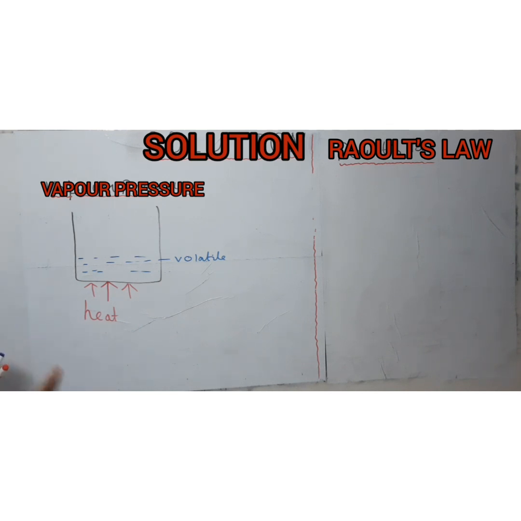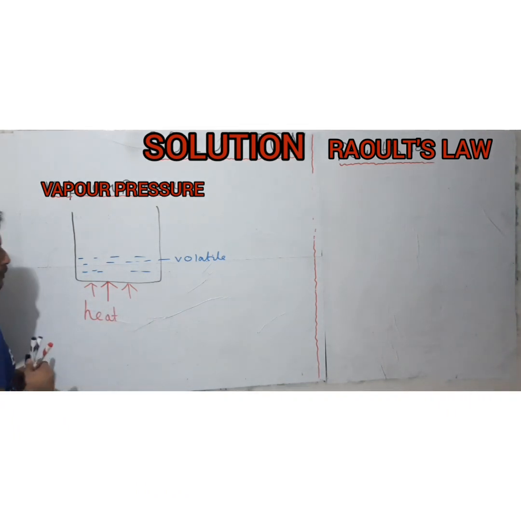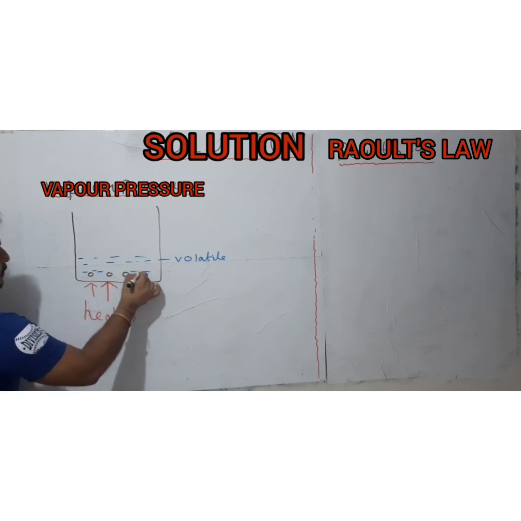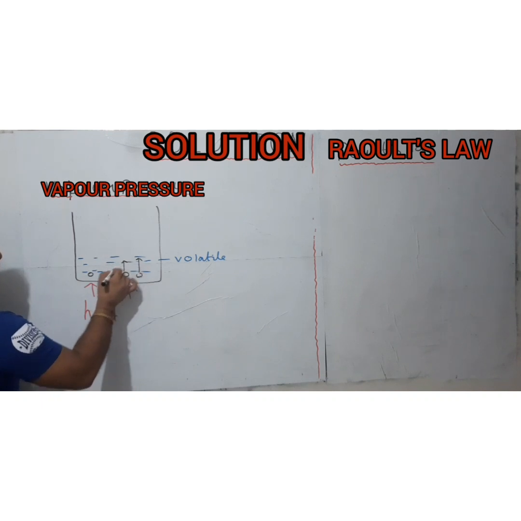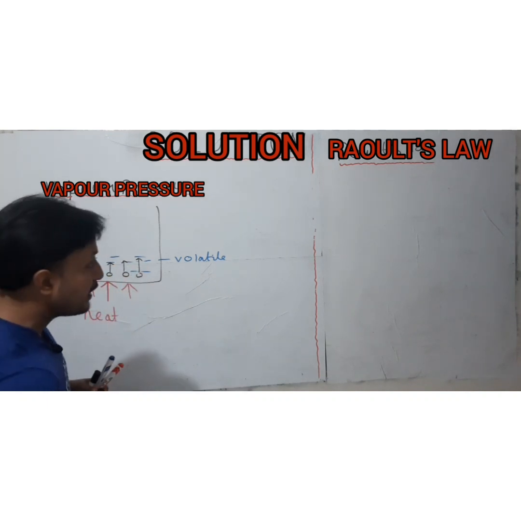Now when we start heating, suppose this liquid we are considering as water, then what is going to happen? The molecules which are at the bottom of the container first get that heat, and these molecules will start moving to the surface of the liquid, because as it is volatile, it can be evaporated.